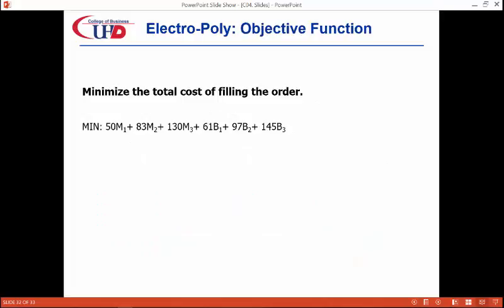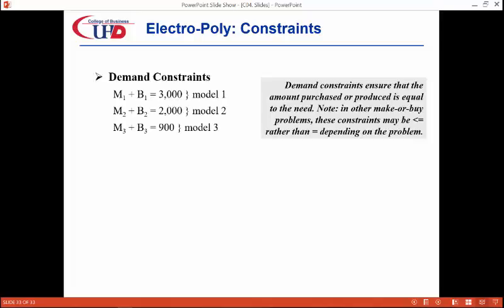Here is the objective function, calculating the total cost based on the decision variables. It must be minimized. We have 3 types of constraints. One is a demand constraint. It ensures the quantity from making and from buying equal to the specified product mix.